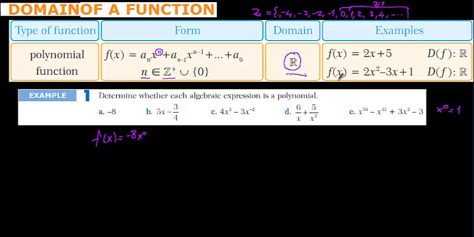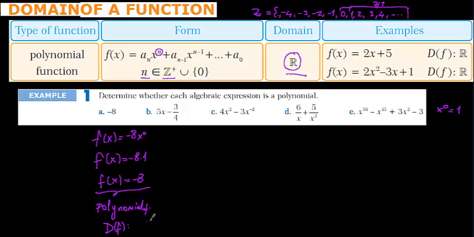So this power is equal to 0, and f(x) is going to be equal to -8 times x to the power of 0, which is 1. f(x) is equal to -8. So this is a polynomial function. So the domain of the function is all real numbers. Okay, this is for the first one.